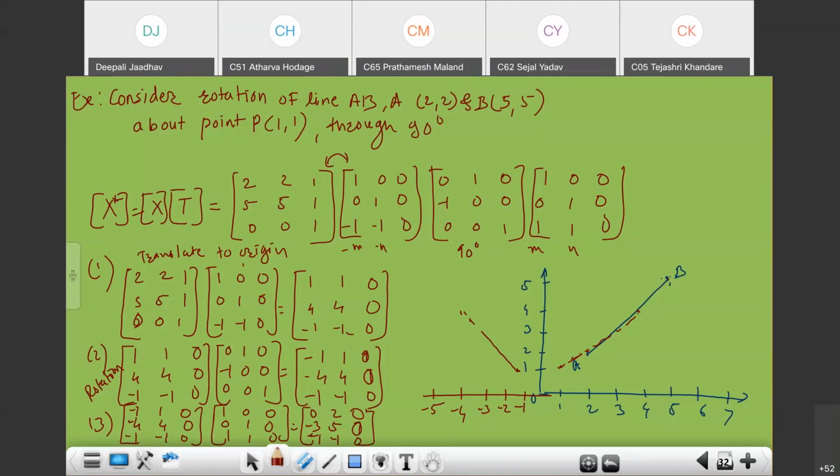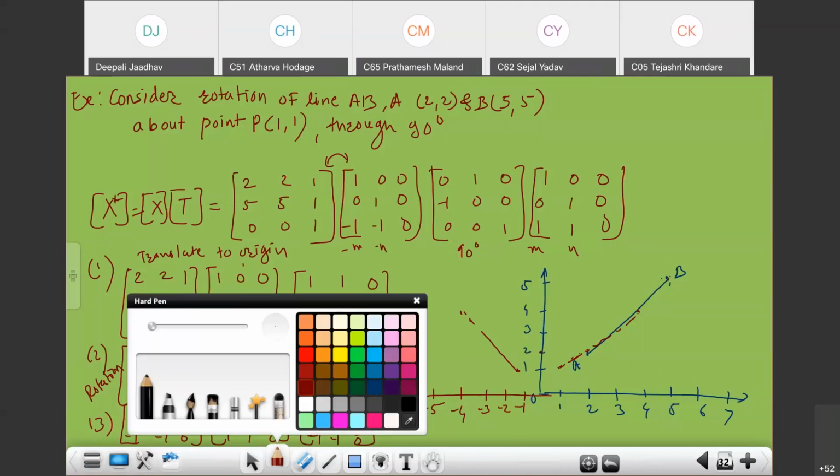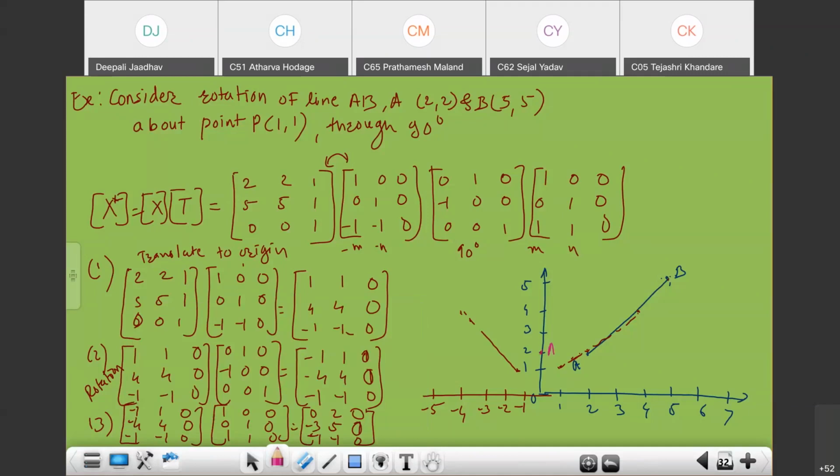This is the final result, A star (0, 2) and B star (minus 3, 5), in this way. The final result.